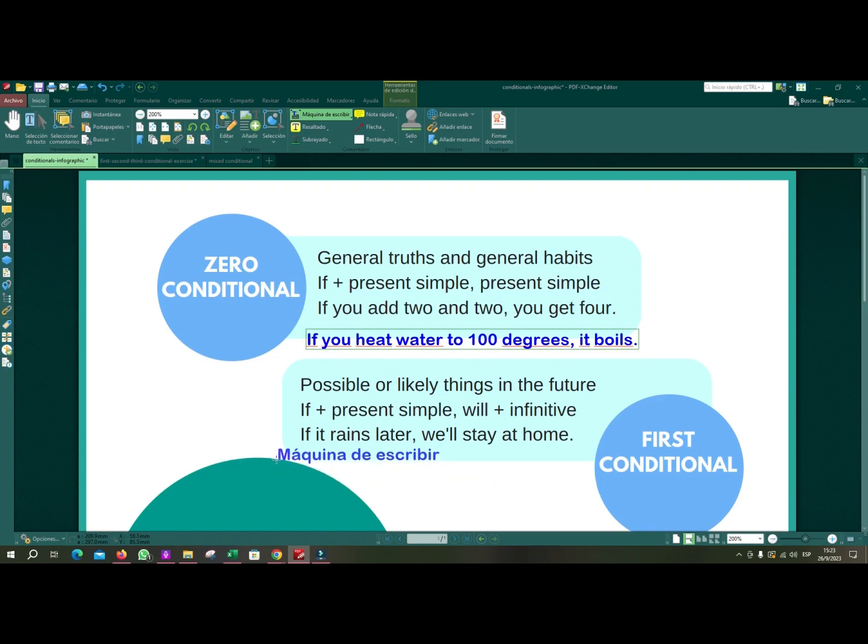Also, you can have another first conditional example, okay? So don't forget this. If clause, simple present, and also you can have in the main clause the simple future, we can say will, right?